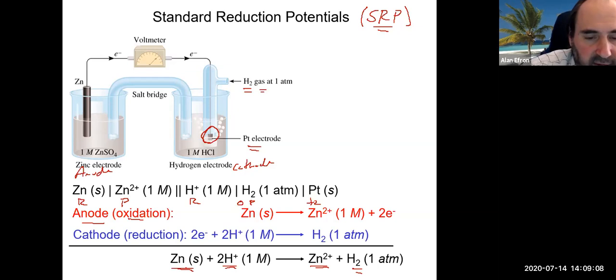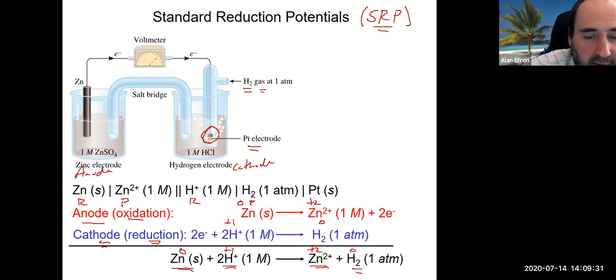The hydrogen here is going from +1 to 0, so again heading to the left on that number line and going through reduction. R is the cathode sign. When we add these together, we get the overall reaction that shows just that, 0 to +2 and +1 to 0 in terms of the oxidation numbers.